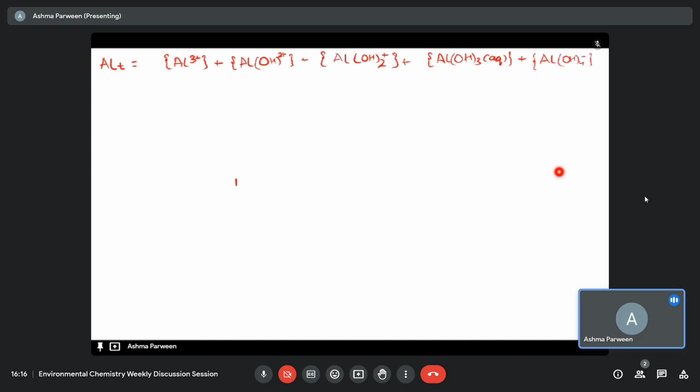So this is the final equation for total aluminium and H total. Let's write it here only.